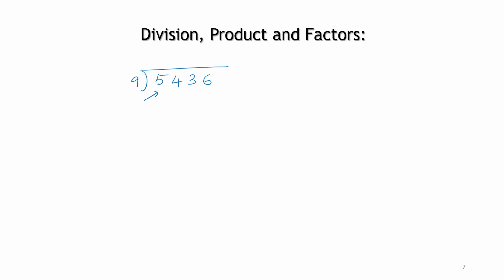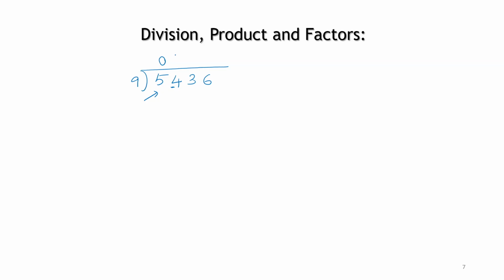Here the leftmost digit is 5, which is less than the divisor 9. You cannot divide it. So you add 0 in the quotient and consider the next digit for division. Now it became 54. Definitely 54 is greater than 9. We can divide it.